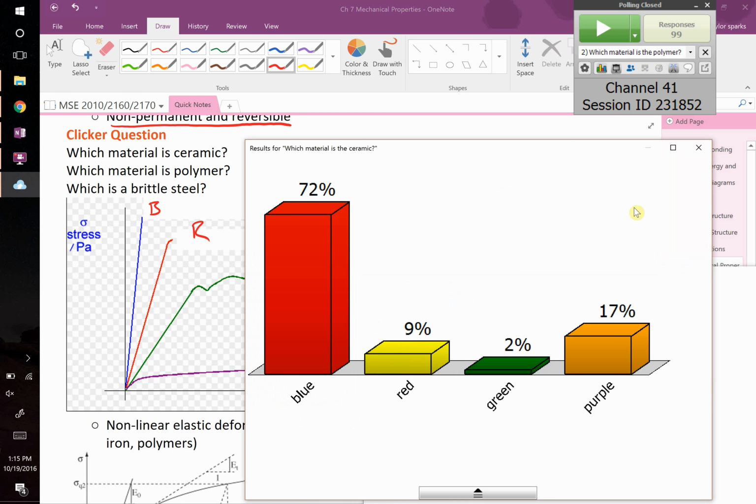Okay, people think red. Oh no, blue. Okay, I saw the red color and I was like, what? Sorry, my brain. Good. Most people think blue. How did you know? Somebody who got it right, tell me what you thought.